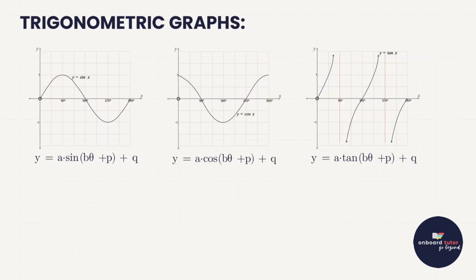So if we consider these graphs now, the sine, the cos, and the tan graph, in the past, we just had two changes. We had a change in a value in each case, and a change in q value in each case. And both of those were directly related to the y values.